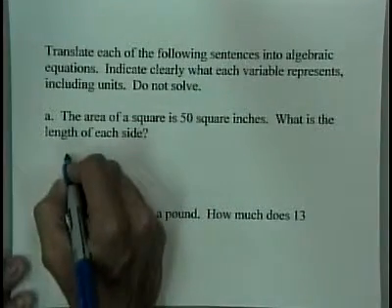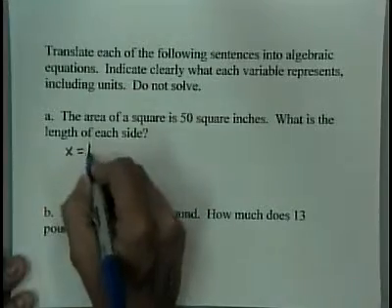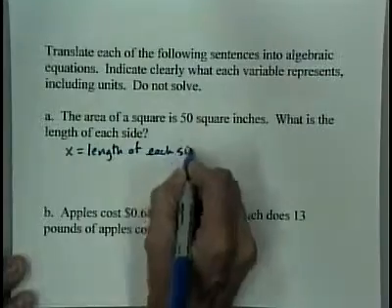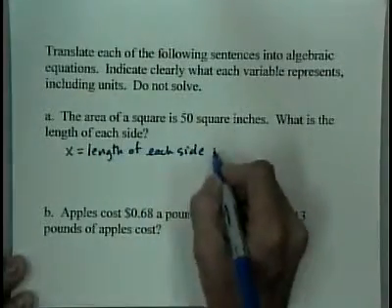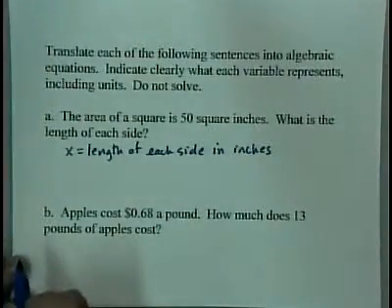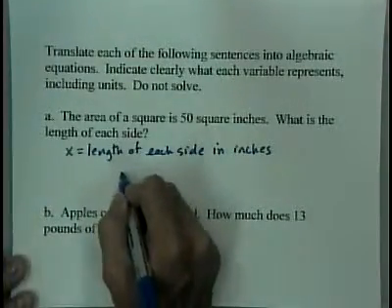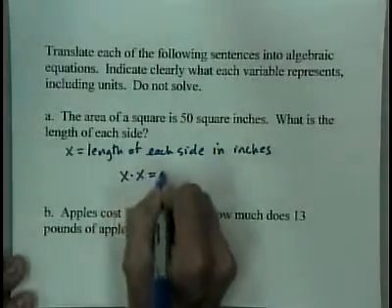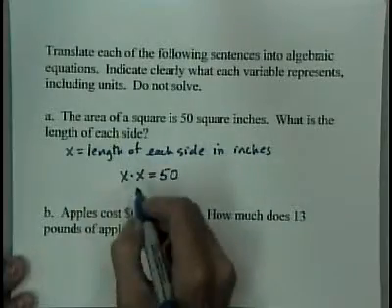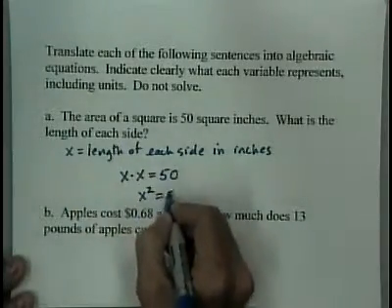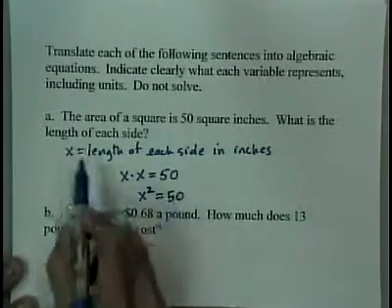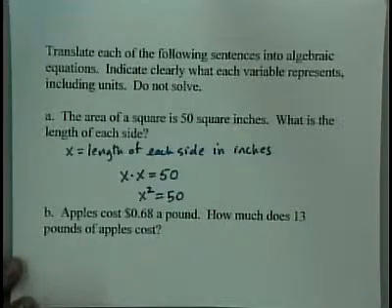So let's let x equal the length of each side, and that will have to be in inches if the area is going to be square inches. And in that case, a side times a side has to be 50 according to the area formula. In other words, x squared is 50 is an algebraic equation that represents this sentence.